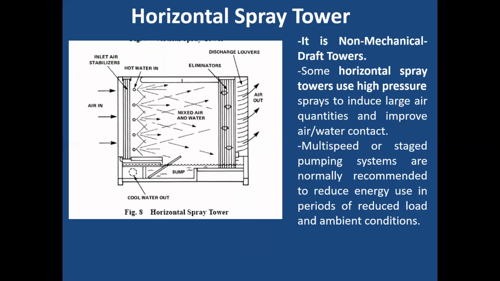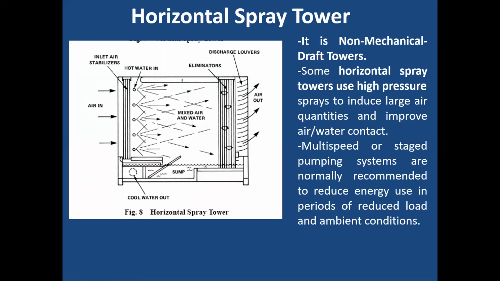Then the second one is the horizontal spray tower, where the water is sprinkled in a horizontal direction, and the air also moves in a horizontal direction. So it is the second type of non-mechanical draft tower. Some horizontal spray towers use high pressure spray to induce large air quantities and improve air water contact.